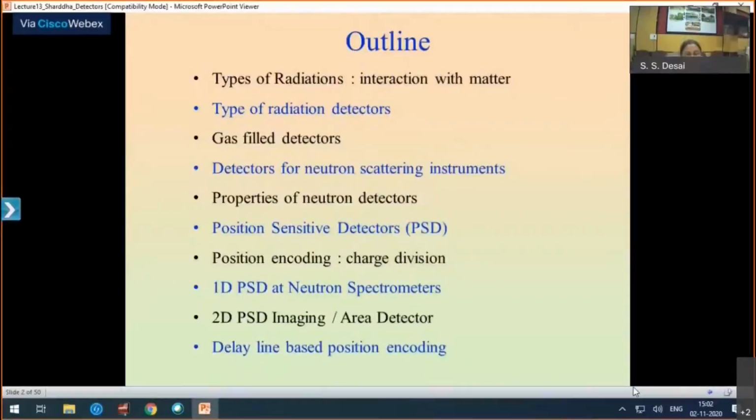How is a counting detector different from a position sensitive detector? For position sensing, there are various methods like charge division and delay line methods. It is entirely physics plus mechanical engineering and electronics. Combined, we will see how neutron detectors have evolved through the procedures.